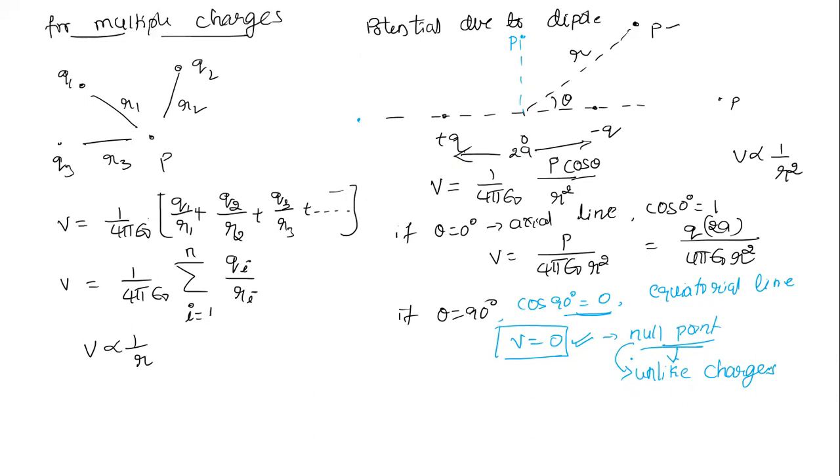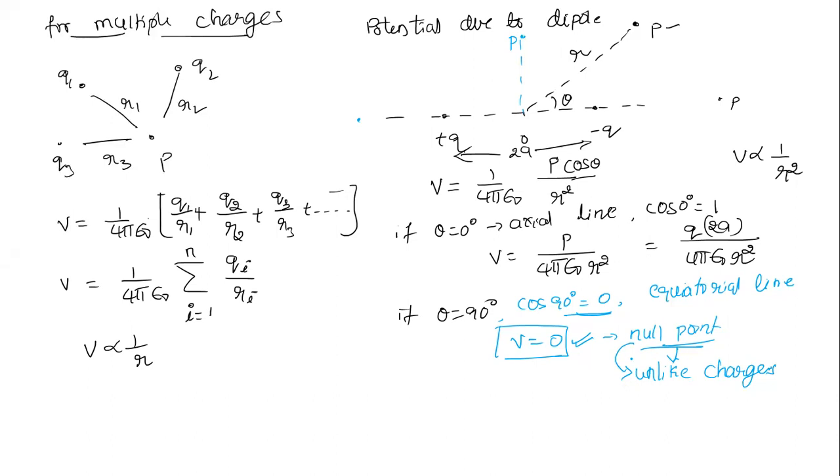Where can we get it, sir? We can get it in between and outside also. Both the places, only for unlike charges. Okay, if the question is given like this, find the null point for two identical charges separated by some distance, and the charge value is given.